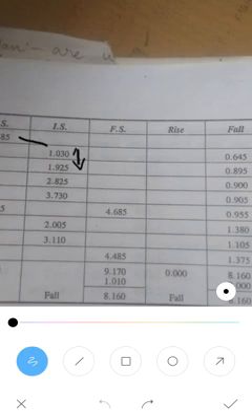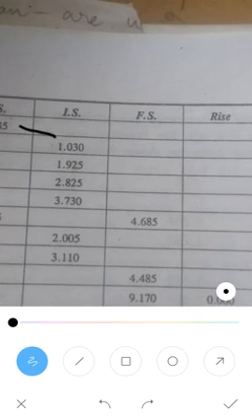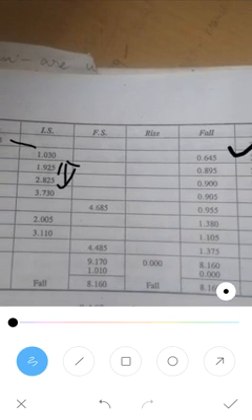Next, you take another difference, 1.925 minus 2.825, that is 0.9. Next, 2.825 minus 3.730 gives 0.905.